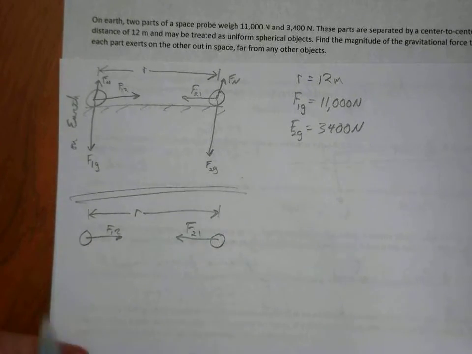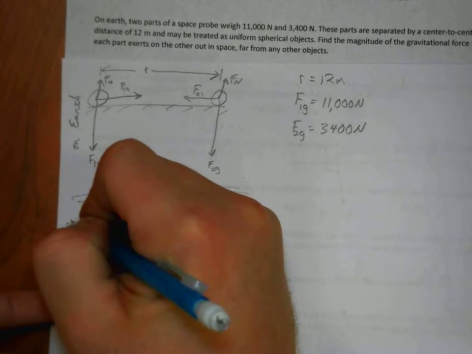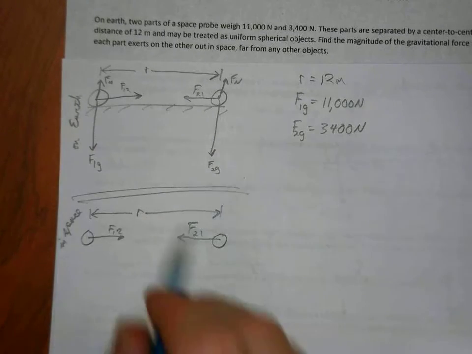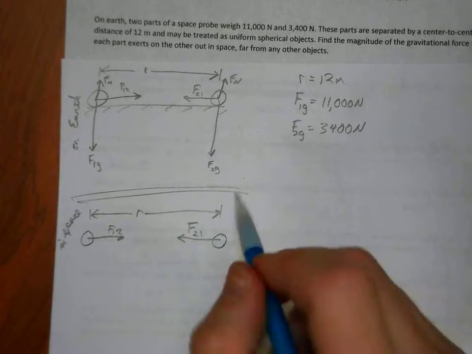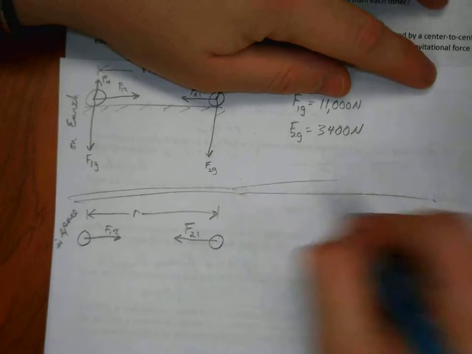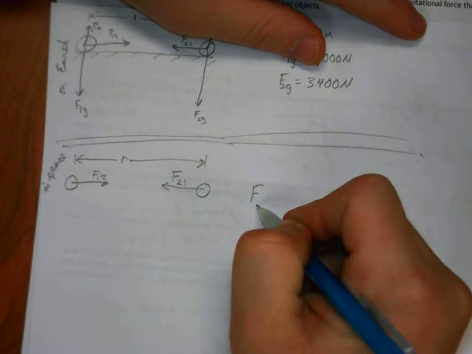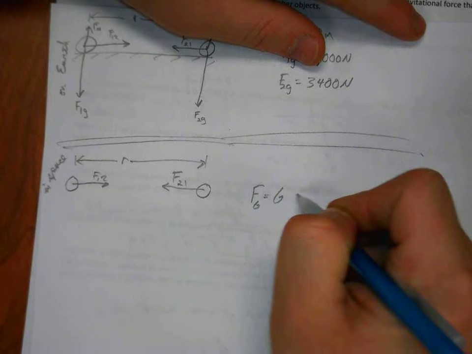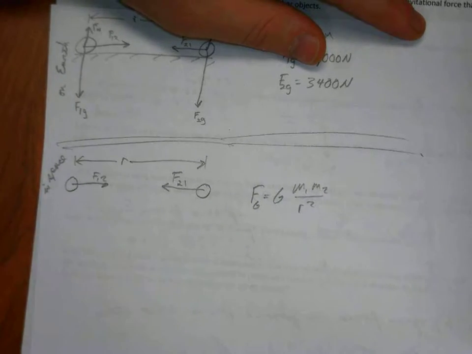It's just these two objects are pulling on each other in space. So it's just the gravitational force. Now this is just like the problem before, where we want to use Newton's law of universal gravitation because we are not on Earth's surface, G m1 m2 over r squared.